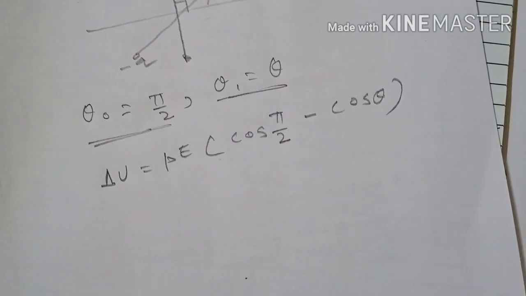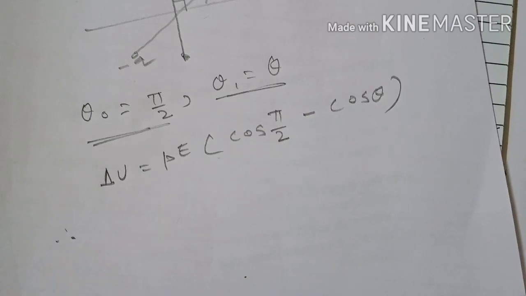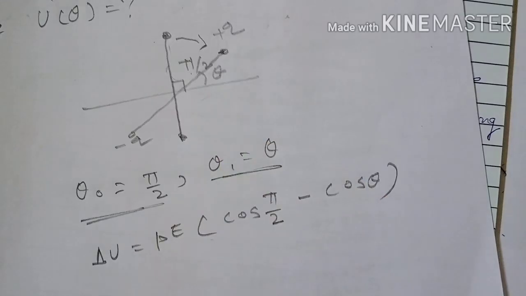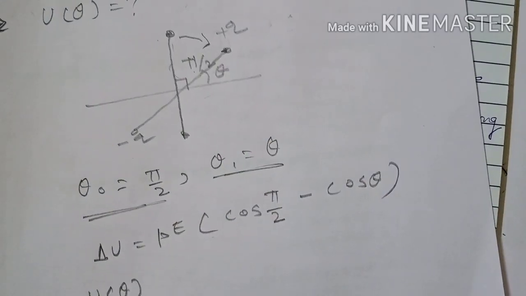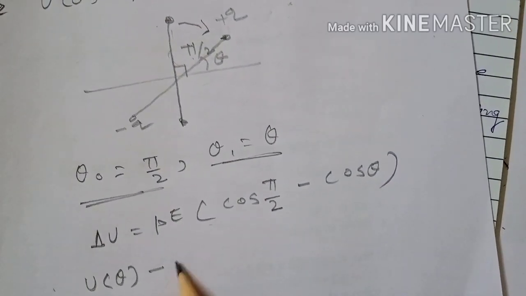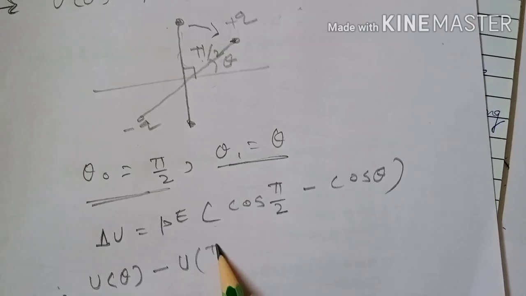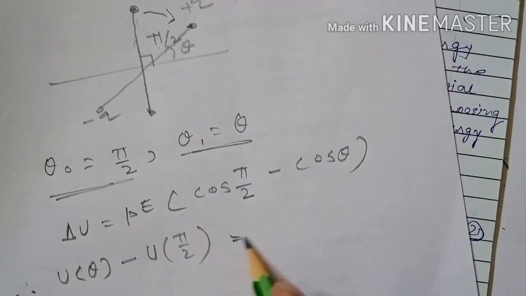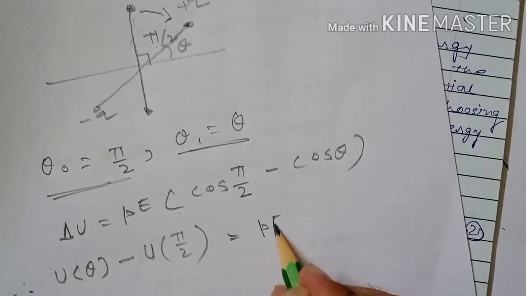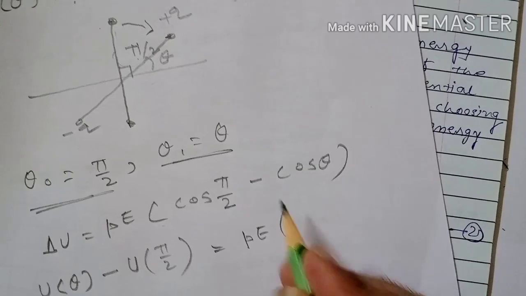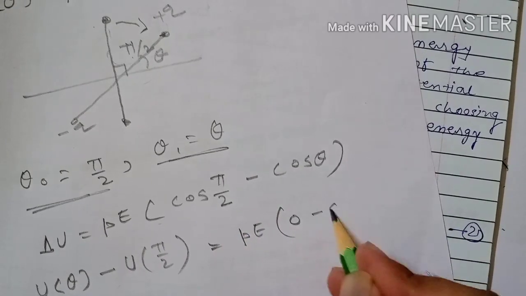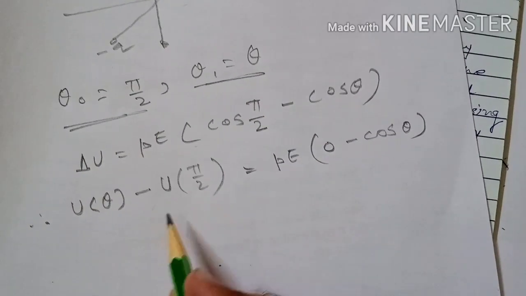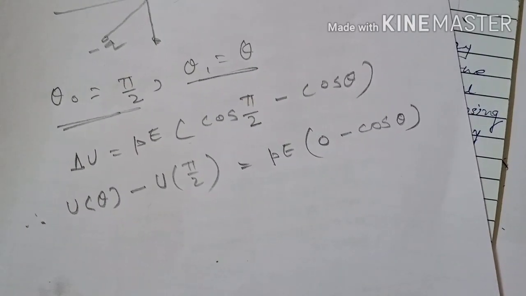The change in potential energy, that is final potential energy minus initial potential energy. The final potential energy is the potential energy at angle theta, so U theta minus U pi by 2, the potential energy at angle pi by 2, is equal to Pe (cos pi by 2 minus cos theta). What is the value of cos pi by 2? That is 0. Correct? So this is the change in potential energy.